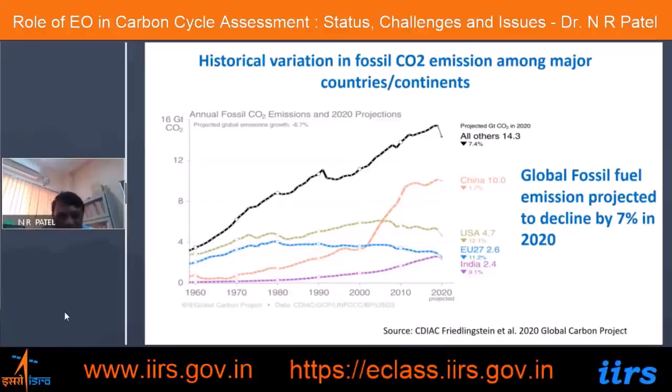Then USA, already a developed country from 1960 itself, has had very high industrial development and has been emitting around 4 gigaton carbon since 1960. The European region is also emitting around 2.6 gigaton carbon.